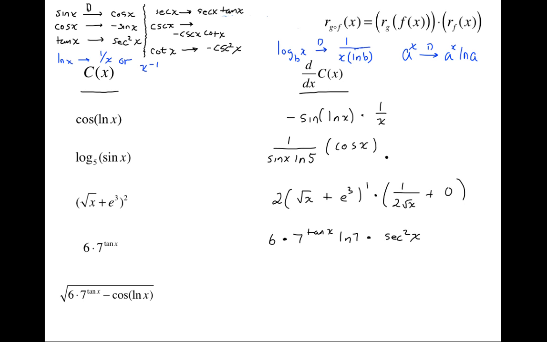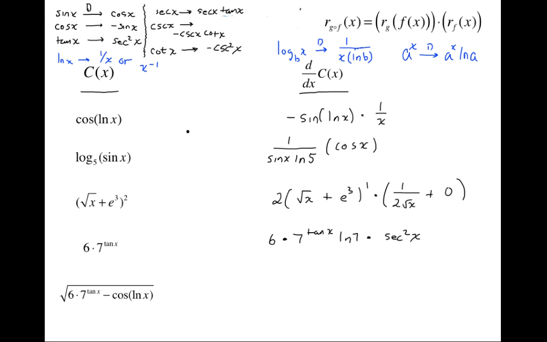In all these cases, we have an exterior function g and an interior function f. So this first one, the exterior function is cosine. So we're going to take the rate of change of the exterior with respect to the interior, meaning leave the interior function as it is. Don't take the rate of change of that one.